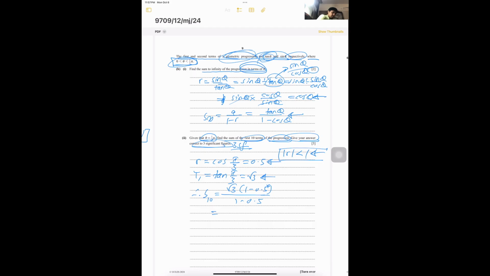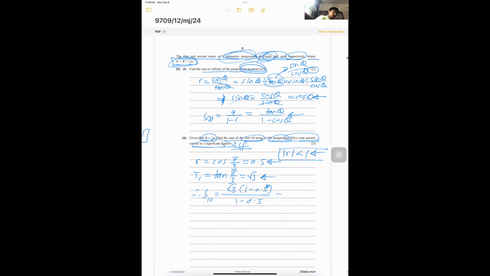Root 3 into 1 minus 0.5 by 0.5, which is root 3 or 1 point, oh sorry, I did not put the power 10. There was a power 10, I missed it in the calculator, so ignore that.